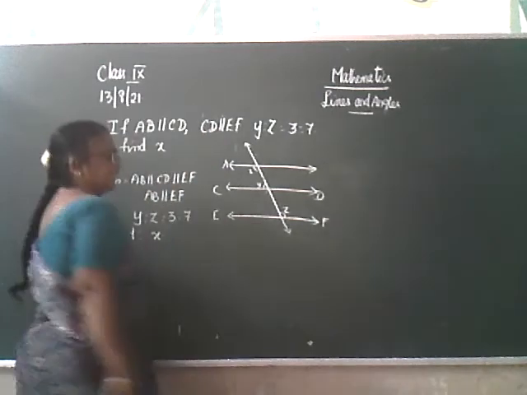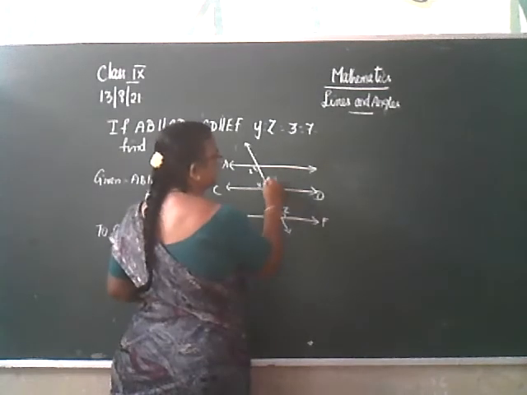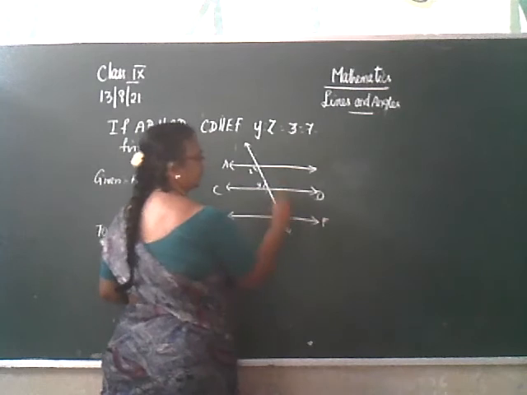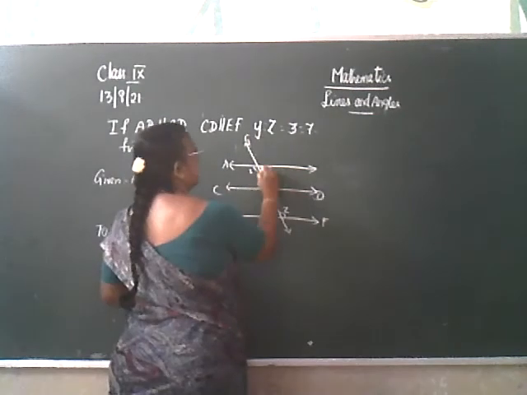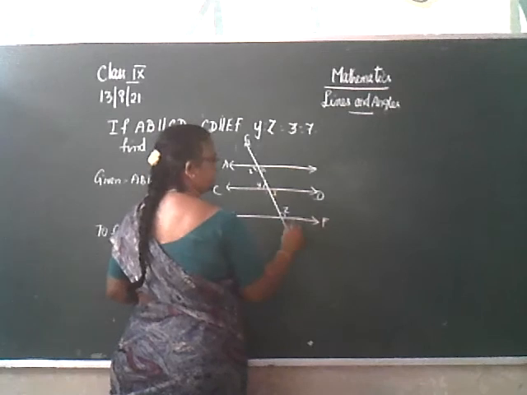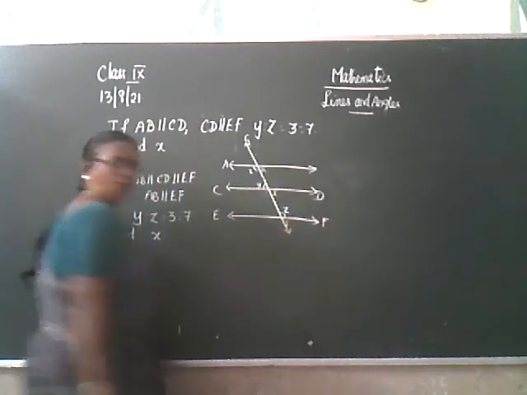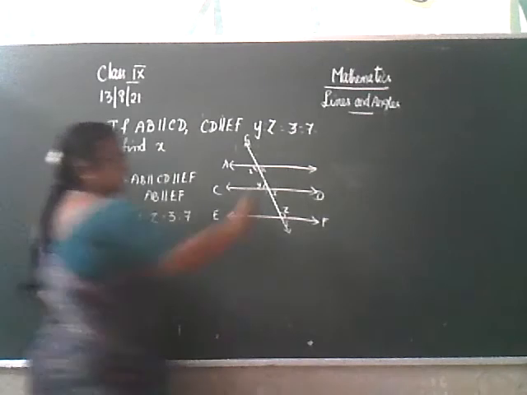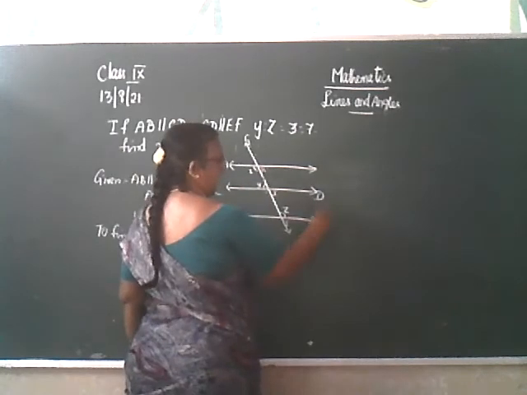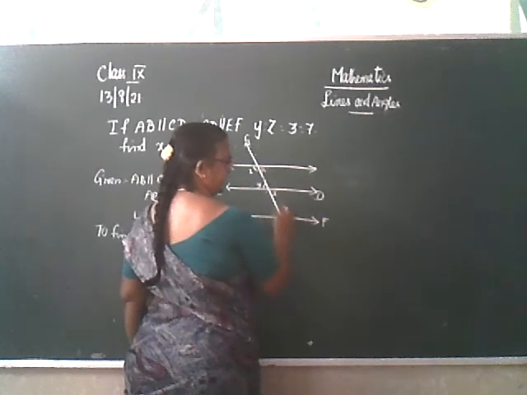Yes. So let me consider what about these two. If you know, you can write G, H, I, J. If you want, you can give the name. No problem at all. Okay. So what is HID and IJF?